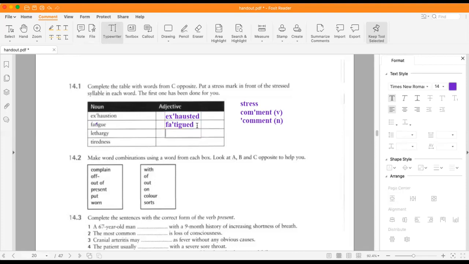The next one is lethargy. When we say lethargy, where is the stress? The stress is on the first part, lethargy. What about the adjective? In the adjective, the stress is on the second syllable, the second part. We say lethargic. So here lethargy, here lethargic.